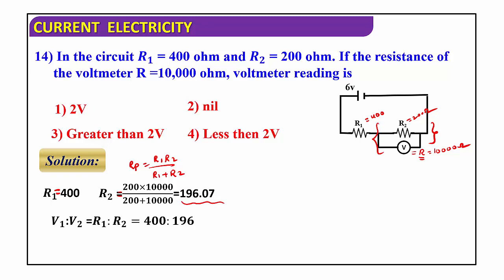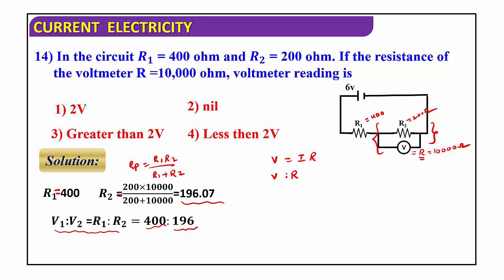R1 value is 400 and R2 value is 196.07 ohm. But we know the relation V1 is to V2 equal to R1 is to R2, because of the Ohm's law equation V equal to IR. So V is directly proportional to resistance. It can be written as V1 is to V2 equal to R1 is to R2, where R2 is simply rounded off to 196.